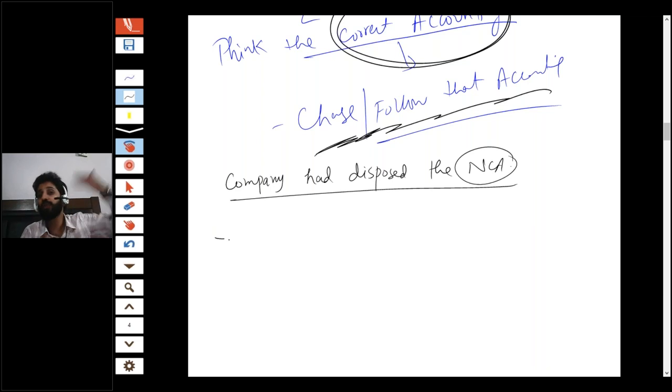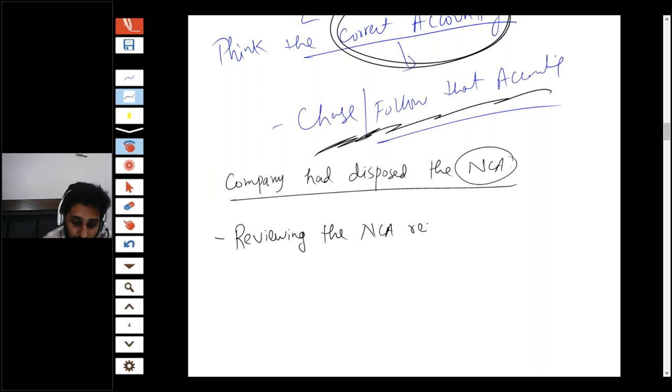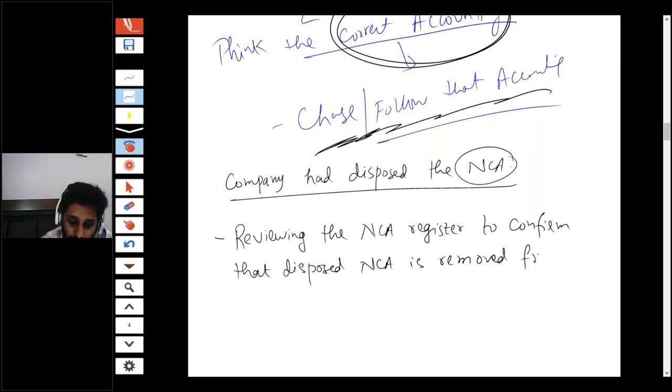You are assuming that the NCA had been disposed of, so it should have been removed from the NCA register. So you are just reviewing the non-current asset register. Review the non-current asset register to confirm that disposed NCA is removed from the non-current asset register.